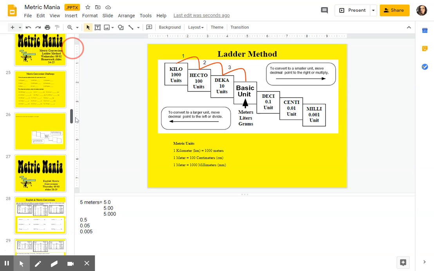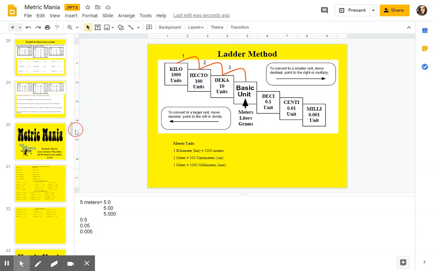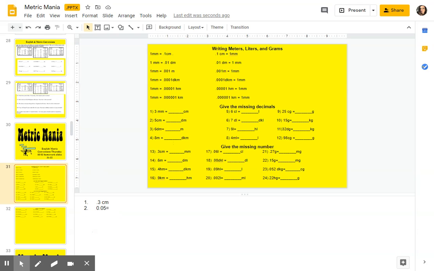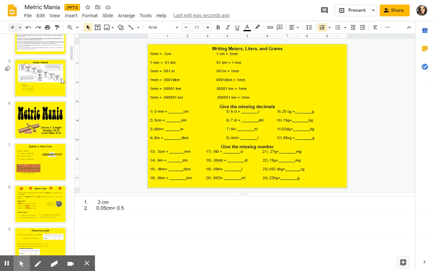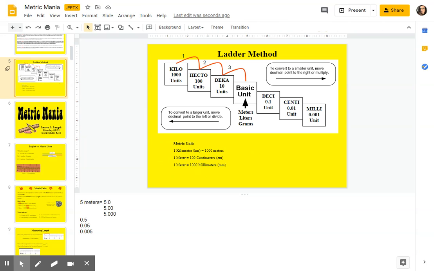0.05. Okay. For that to go, you have to move it over. So let's move it into our 10 spot. If we were to move it into the next highest spot, it would be 0.5 decimeters.